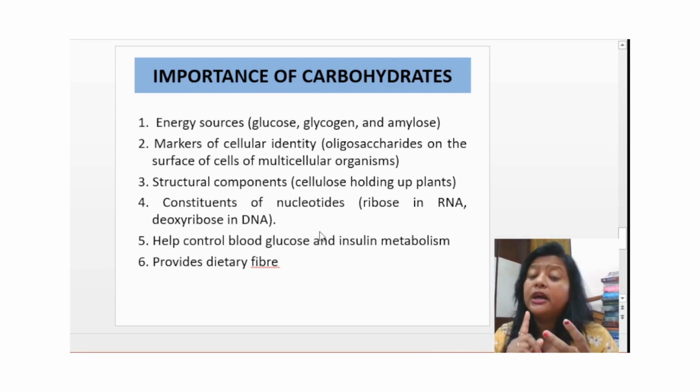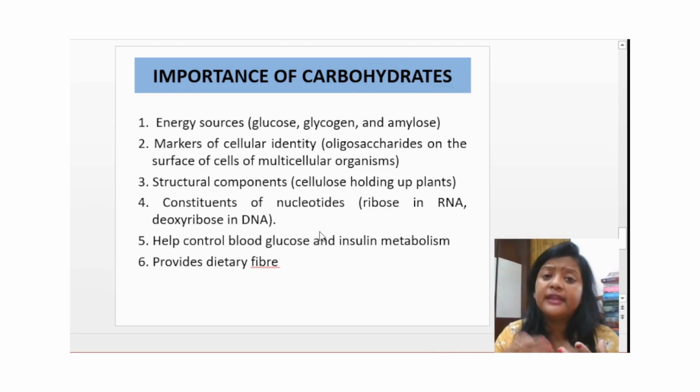Number two, they are the marker of cellular identity. As I've already told you, some non-sugars, the oligosaccharides, like glycogen, are present on the surface of cells of multicellular organisms. We can say that if chitin is present, it's an animal cell.